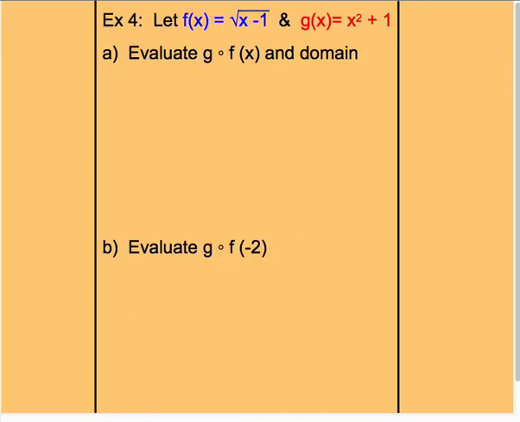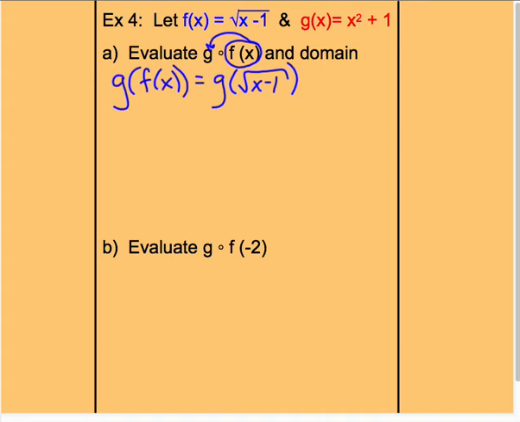This time we're going to see a square root and a square function. So when we get to the domain, it'll be a little bit different. So we're going to start by putting this whole f of x function into the g function. So I'm going to do this a piece at a time, and I'm going to replace my f of g, or in this case g of f notation, with the g of f of x notation. And I'm going to start by replacing the f of x with the function square root of x minus 1.